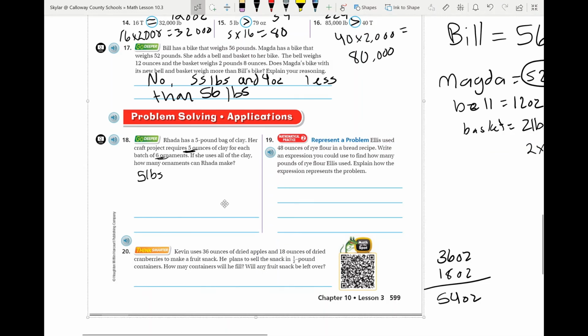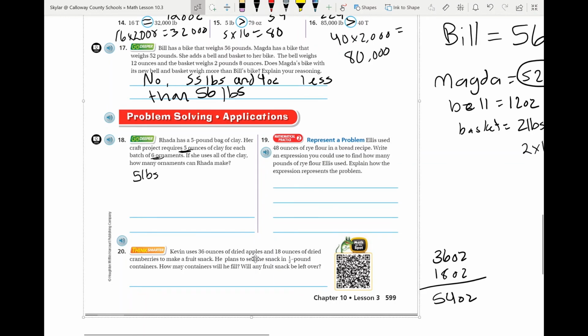All right, so for number 18, let's see how we did for this. Hopefully you took my advice. It says it takes her 5 ounces to make 6 ornaments. So let's see how many ounces she has here. 5 times 16, that is going to give us 80. So that means she has 80 ounces and she's using 5 ounces to make a batch. So 80 divided by 5 is going to give us 16.